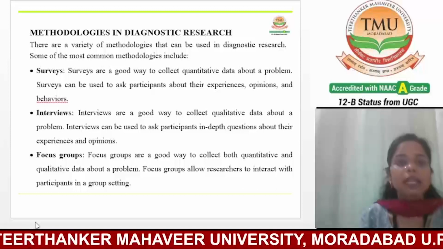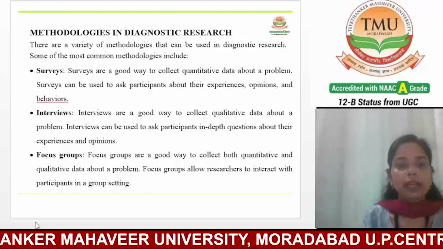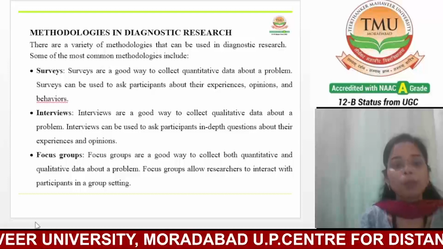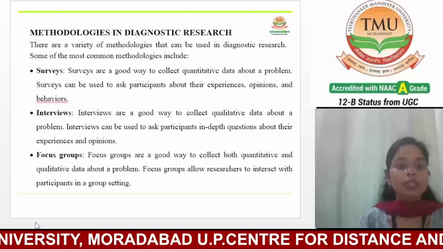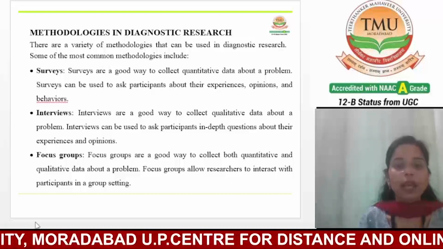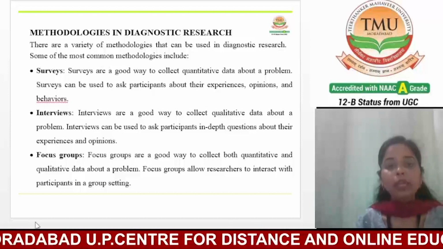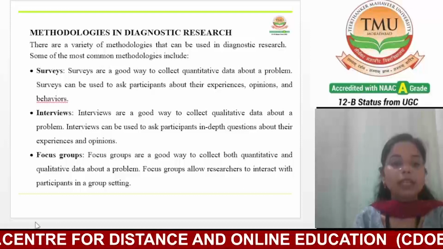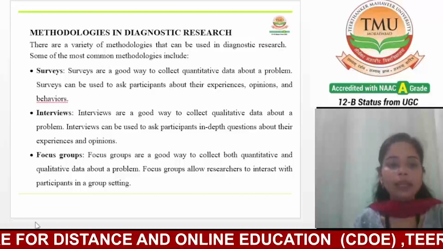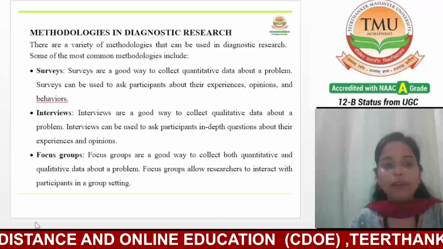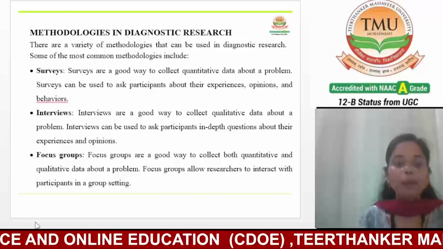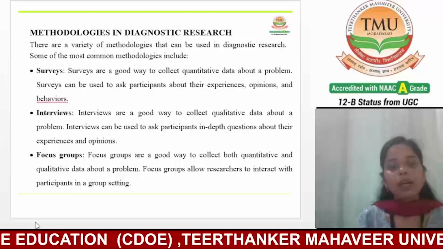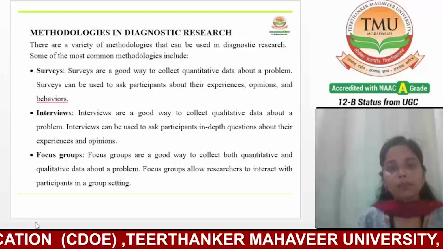A survey is like a questionnaire that you fill out. A researcher asks a group of people a set of questions to gather information about their thoughts, feelings, behavior, and opinions. Surveys can be done in online or offline mode. They help researchers to collect data from a large group of people.